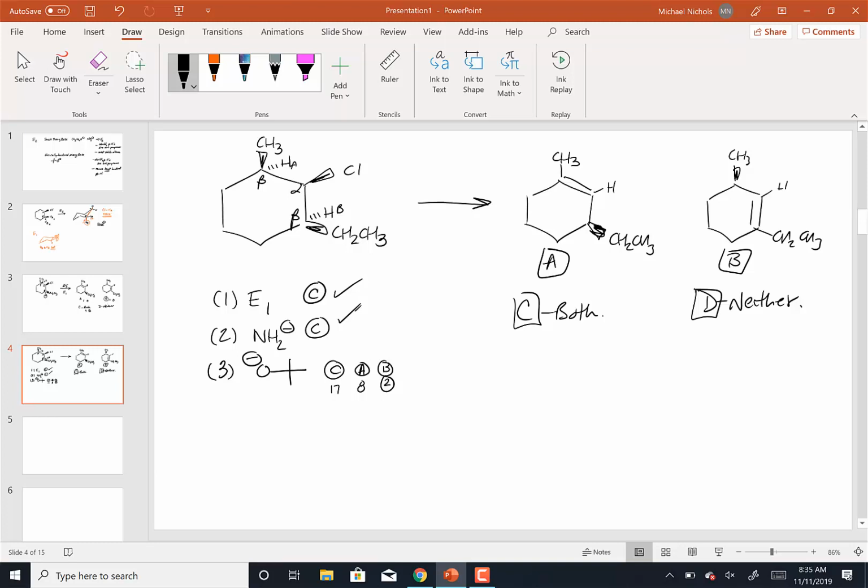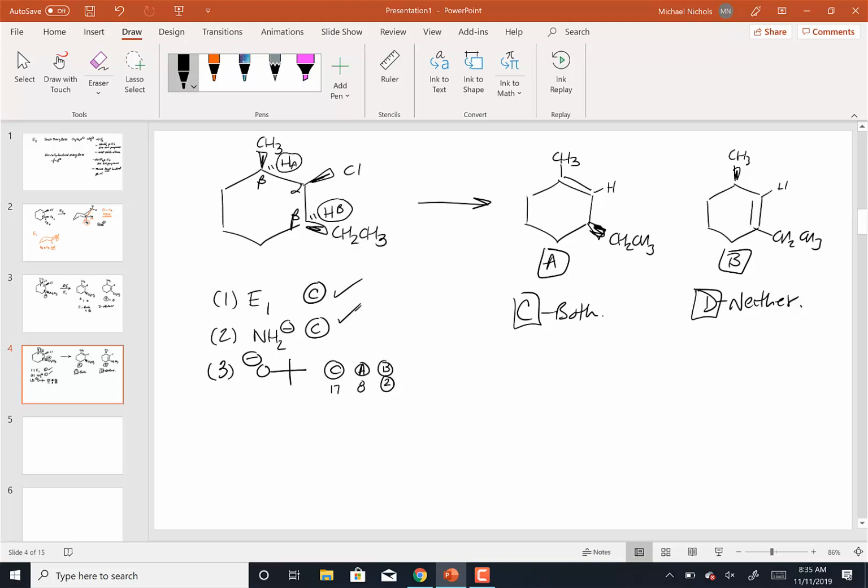I'm not checking C yet. Which one would be preferentially removed? A? Why? So, is HA less sterically hindered than B? That's the proposal I hear.